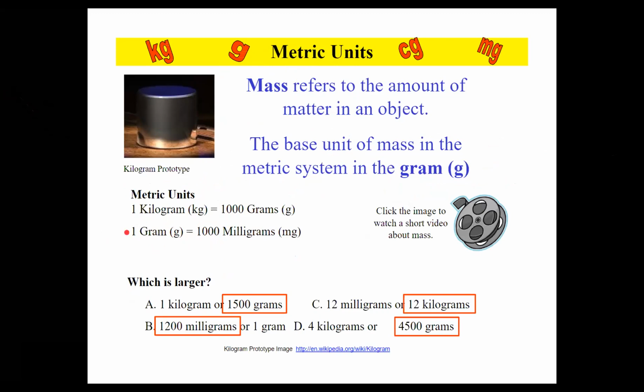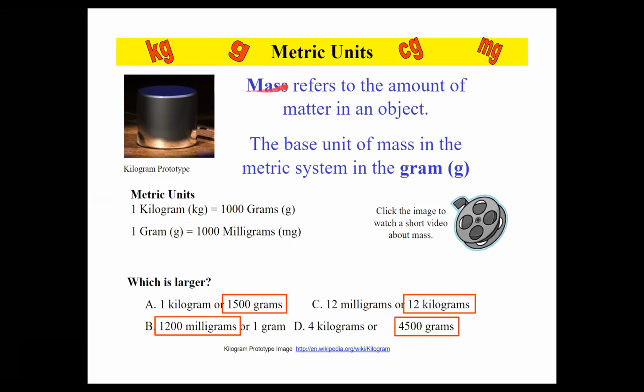Then if we put 1,000 grams together, we get 1 kilogram. Or if we split a single gram up into 1,000 individual pieces, each one of those would be 1 milligram. So there are 1,000 milligrams that go into 1 gram, and there are 1,000 grams that go into 1 kilogram.